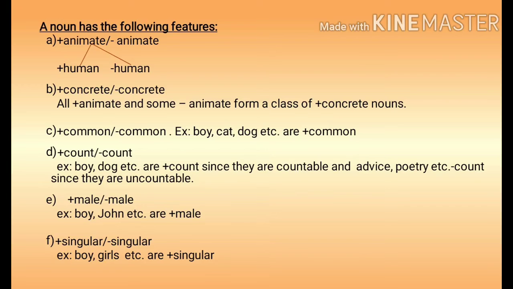Next one, plus count or minus count. Example, boy, dog, etc. are plus count since they are countable, and advice, poetry, etc. are minus count since they are uncountable. Next one is plus male or minus male.